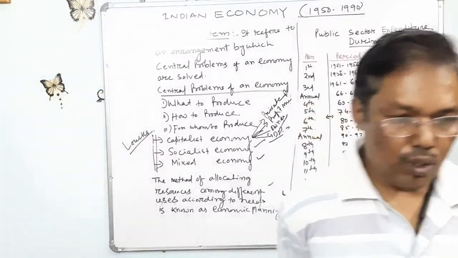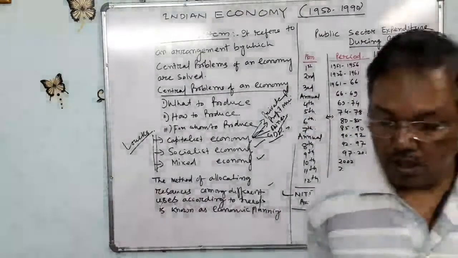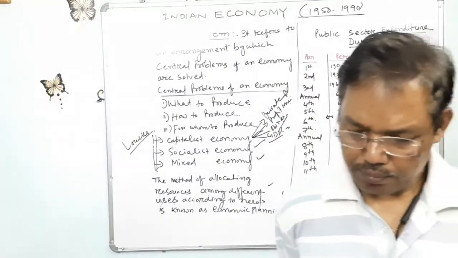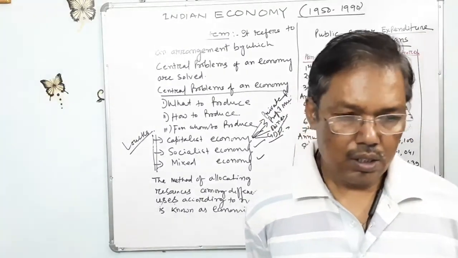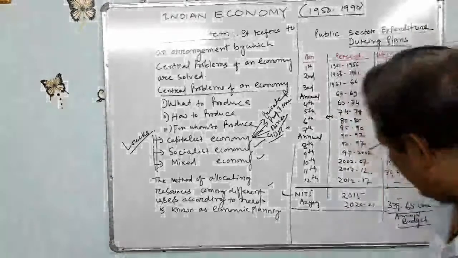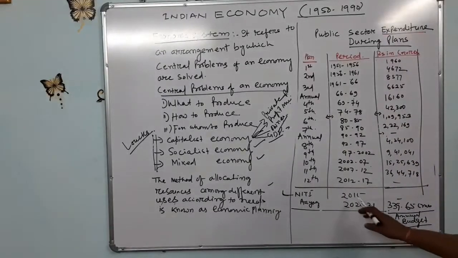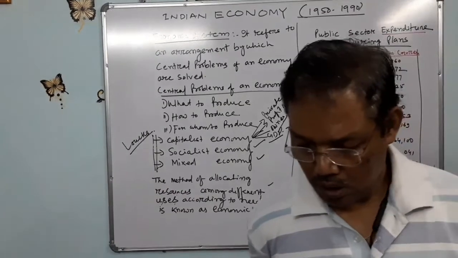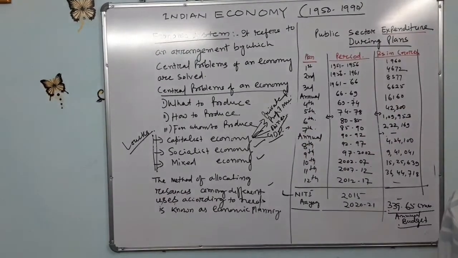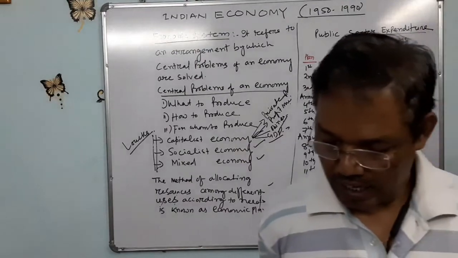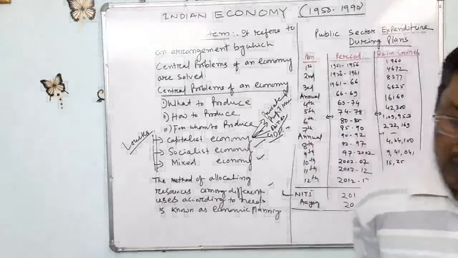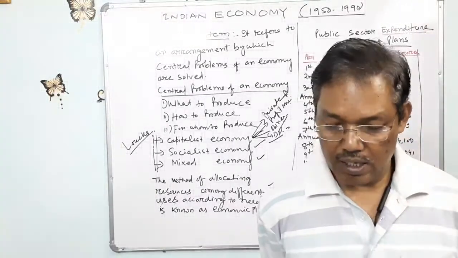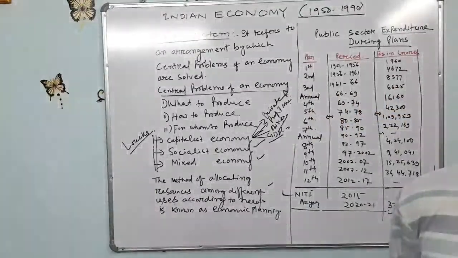It is important to note that the planning commission has now been abolished, and in January 2015, or February 2015, it has been replaced by the Niti Aayog, and the role of Niti Aayog is to make such policy that accelerates the pace of GDP growth.